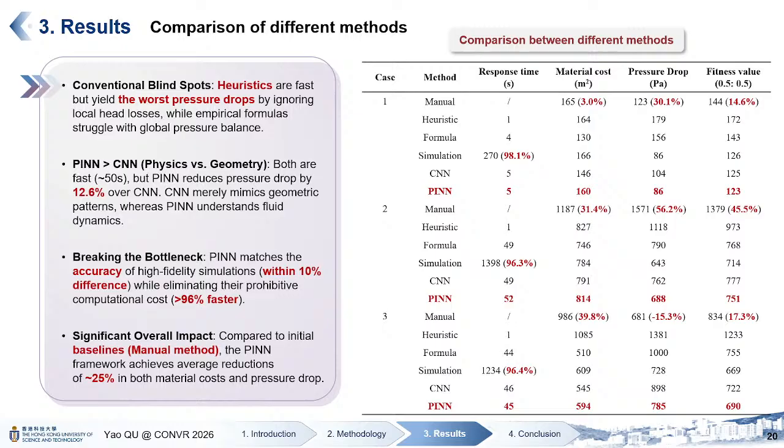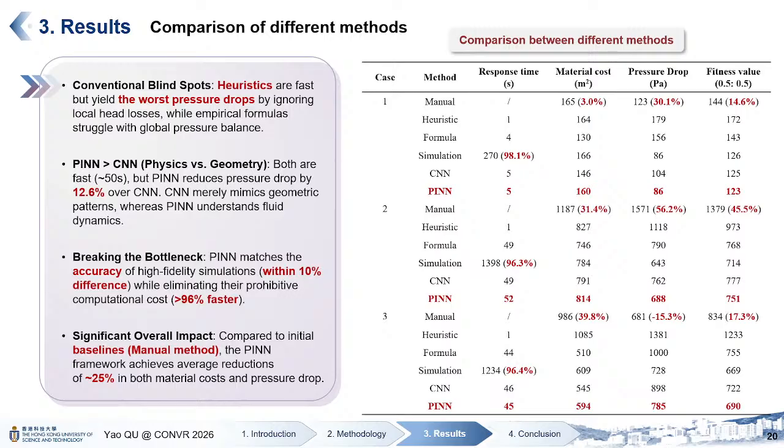We can see from the table that the heuristic is fast, but it yields the worst pressure drop. Comparing PN and CN, they are both fast, but the PN reduces pressure drop by 20.6% compared with CN. Comparing PN and the simulation method, PN matches the accuracy within 10% difference of the simulation method, but is 96% faster.